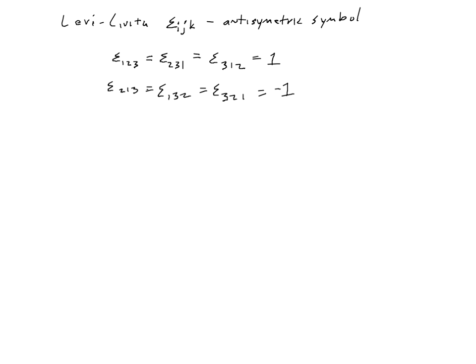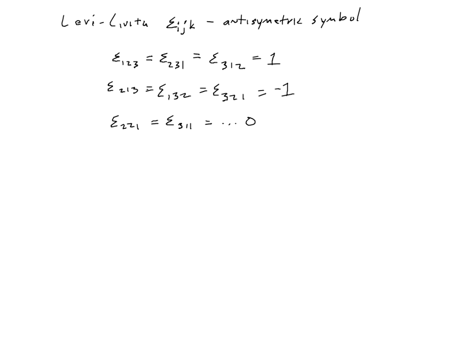And everything else, like if I had epsilon 2, 2, 1, or epsilon 3, 1, 1, or something like that, all of those are equal to 0.